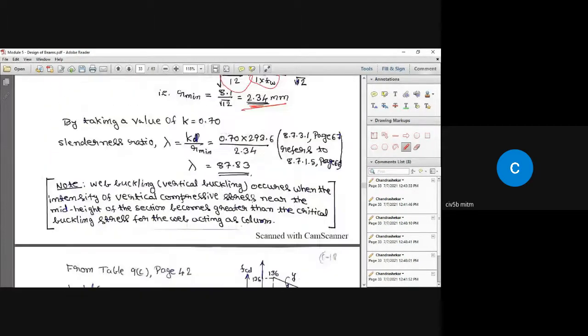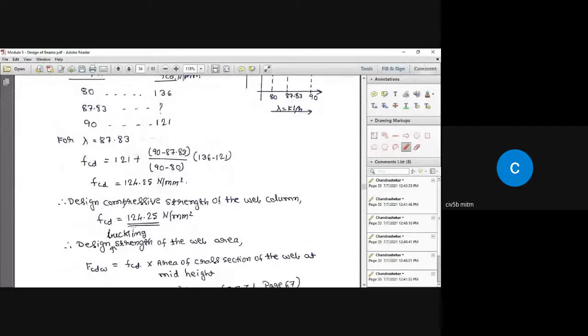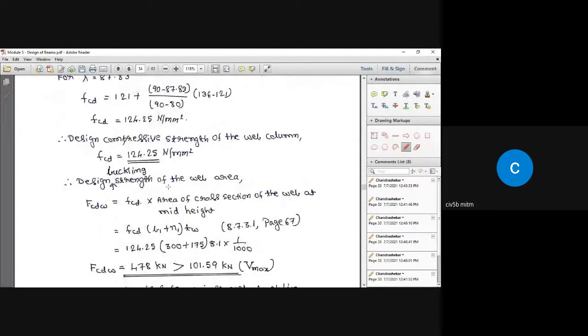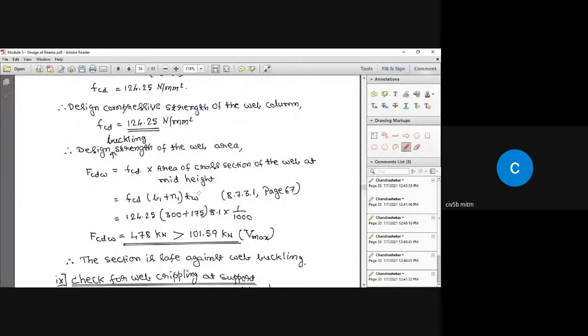So let us find out what the value is. FCD, we got this here, 124.25. We know it is buckling class C. Then the design strength FCDW equals FCD multiplied by the area of cross section of the web at mid height.